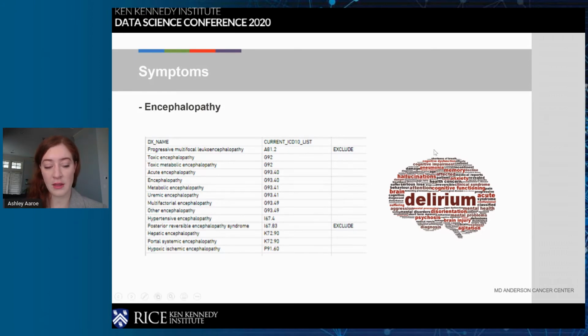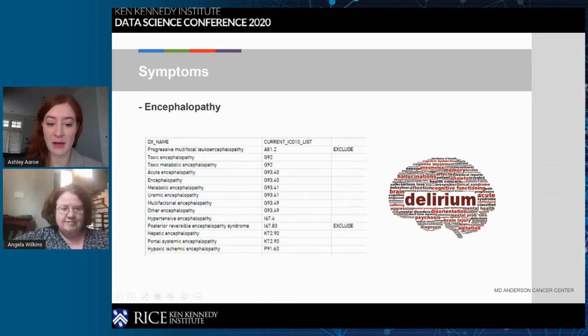These things can be coded in the electronic medical record and described in a variety of different ways. And so we've been building up what search terms are appropriate that accurately capture this diagnosis and what do not, because some of these elements in the list over here, which have the word encephalopathy, are actually other separate and unrelated conditions. And so that has been difficult.